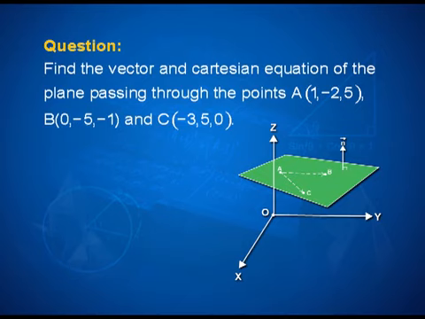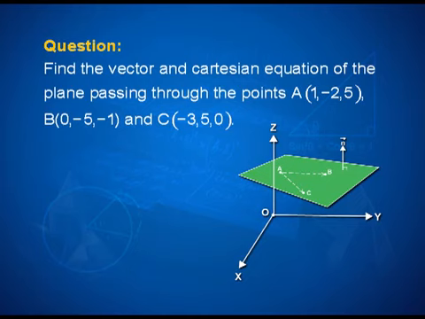Now, if we try to make a picture as shown here, things will become easier to follow. If you take 3 points on the plane, say as marked here A, B and C, then by the definition and characteristic of the plane, the vector AB and the vector AC will completely lie on this plane. And so the direction of the normal, which is much required to find the equation of the plane, will always be perpendicular to the vector AB and the vector AC both.